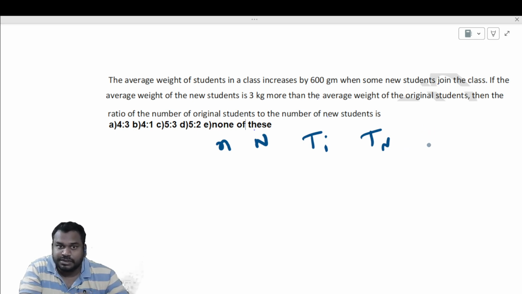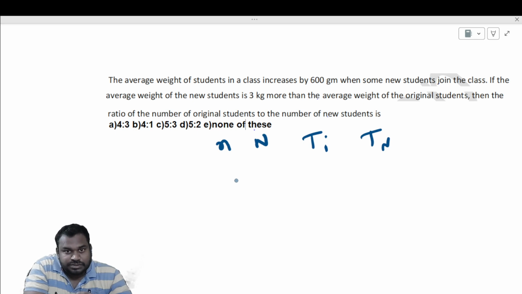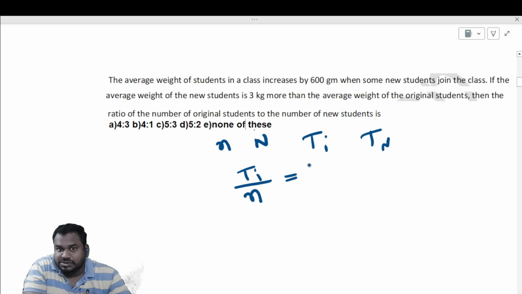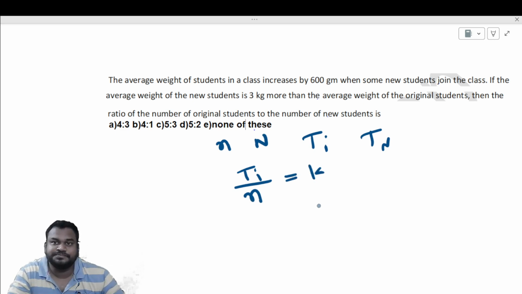So for now, the average weight we don't know for the initial students. So the total weight of the students initially divided by the total number of students, Ti by n, is equal to some k I am assuming. So this Ti is the total weight of the initial n students, and because of that their average is k.